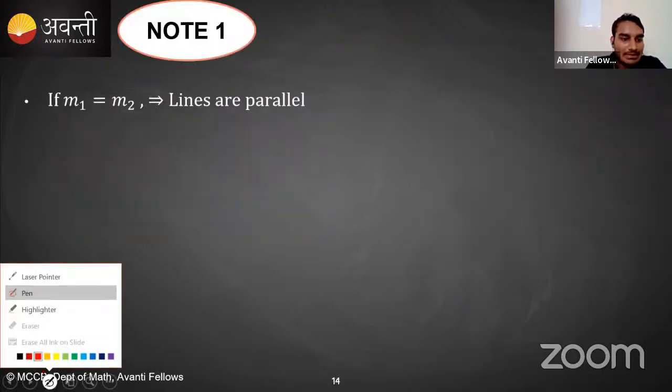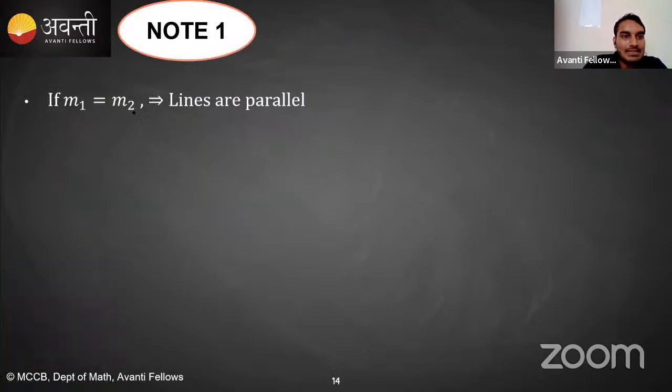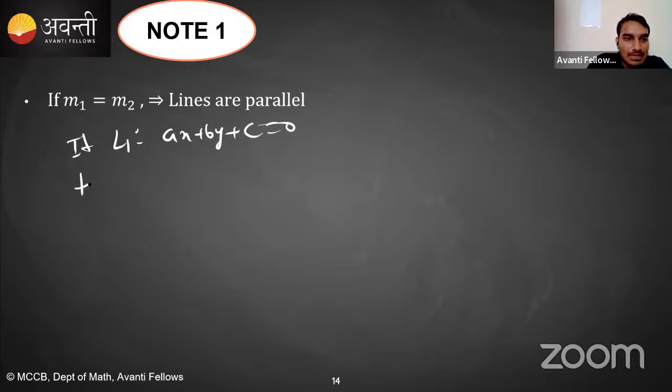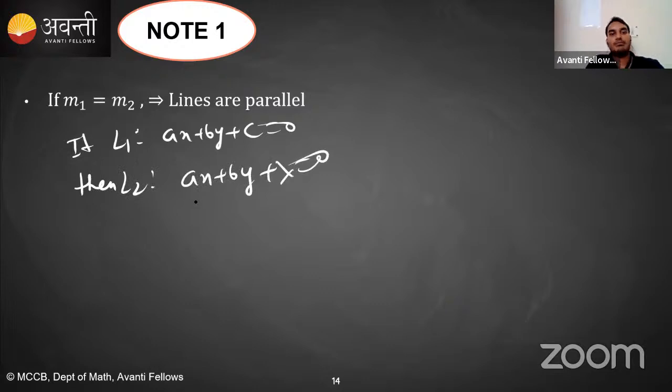Also I said that if M1 is equal to M2, it implies the lines are parallel. So if L1 is AX + BY + C = 0, then L2 you can assume as AX + BY + lambda = 0, because their slopes are equal. Only the constant term gets changed, right?